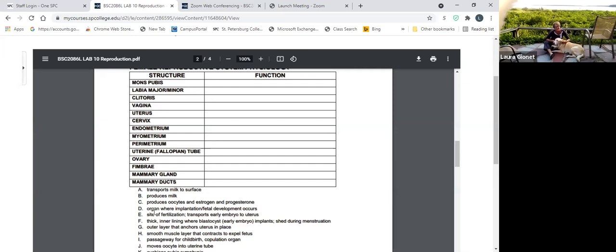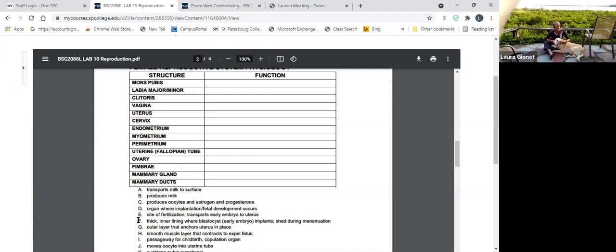Those are the ovaries. D, the organ where implantation and fetal development occurs. That is the uterus. E, site of fertilization and transports the early embryo to the uterus. Those are the fallopian tubes.